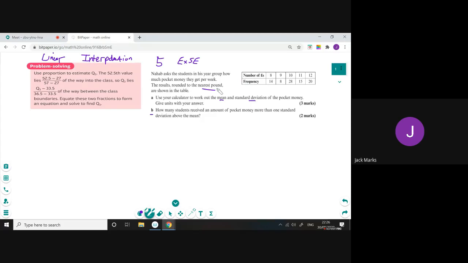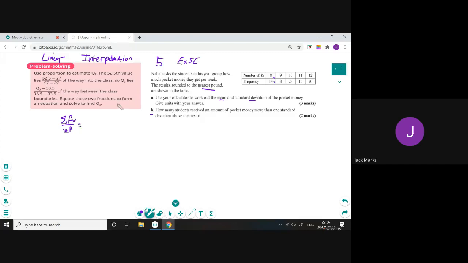So we can pretty happily find the mean by doing fx. So x would be 8 times 14, and so on, adding these all up and dividing by the frequency that is there.